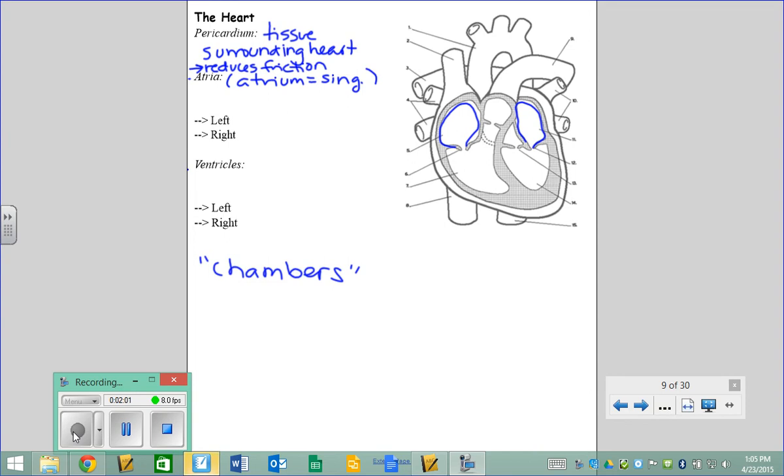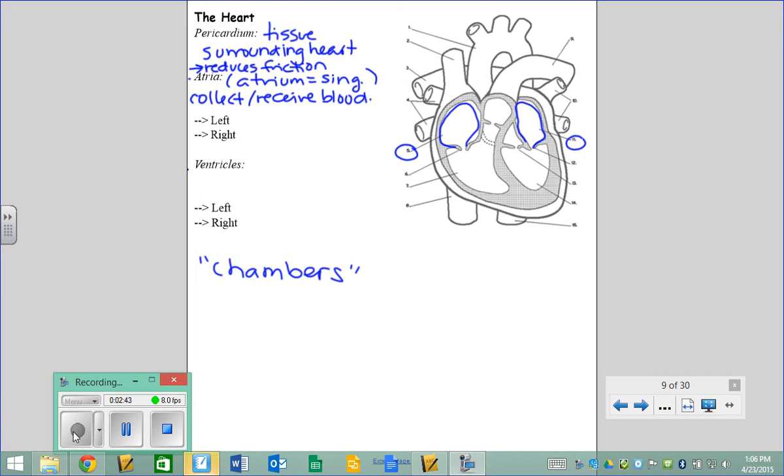Now the atria's function is to collect or receive blood. They are the two parts of your heart that receive blood when it's pumped back into your heart coming from different body structures. So structure number 5 and structure over here, number 11, are the two atria. Remember that when you look at anatomical diagrams, left is right and right is left.